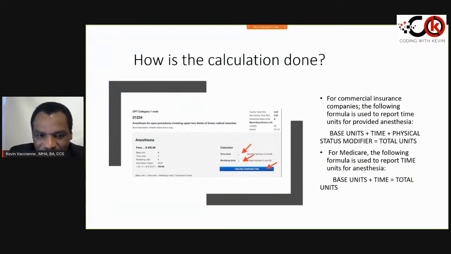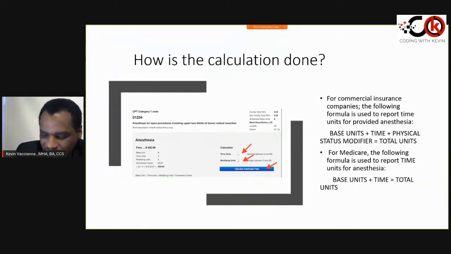That is how you're going to calculate reimbursement. For commercial, base units plus time plus physical status modifier. For Medicare, base units plus time equals total units. That's the difference. Anybody lost yet?